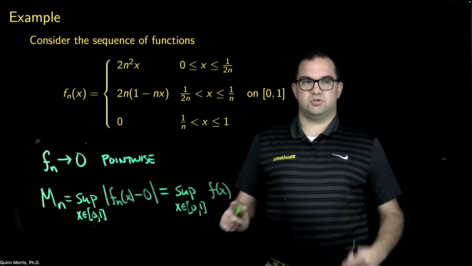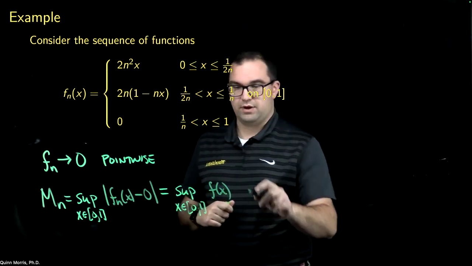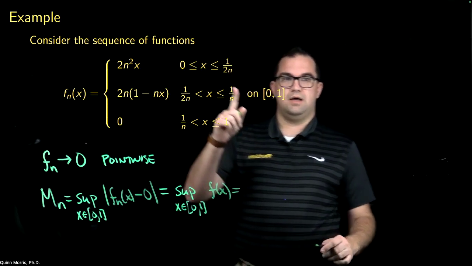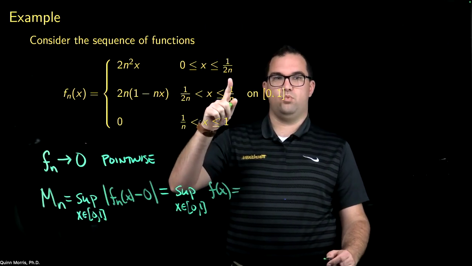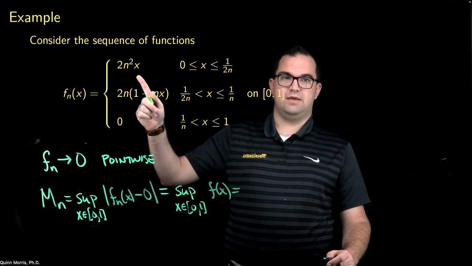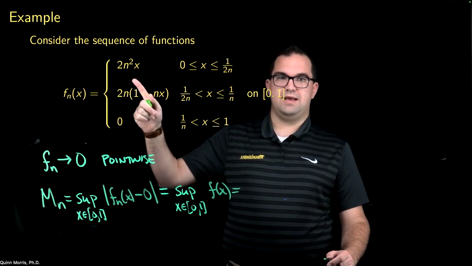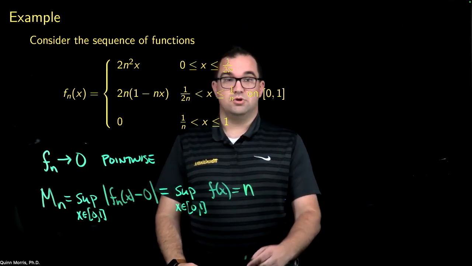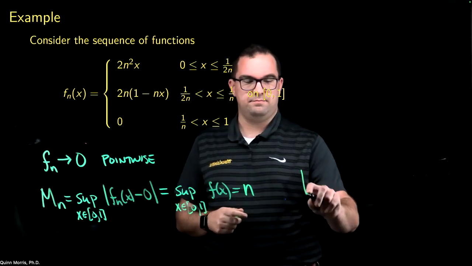Okay. Well, the supremum of this function is going to occur at the peak of that triangle, right? And at the peak of that triangle, this has value n, right? So the peak of the triangle occurs at 1 over 2n. If you plug in 1 over 2n, you'll get 2's in the denominator that cancel, and n squared over n is n. So this is just n. So here, that m sub n actually is varying with n.